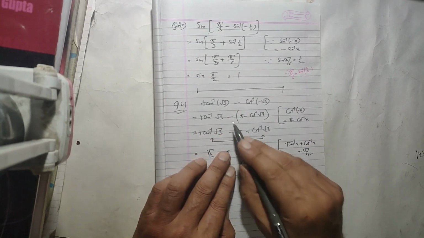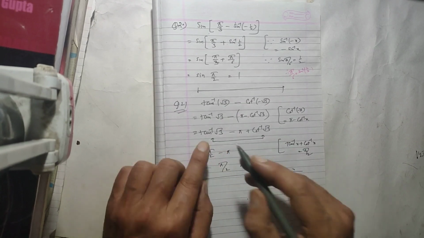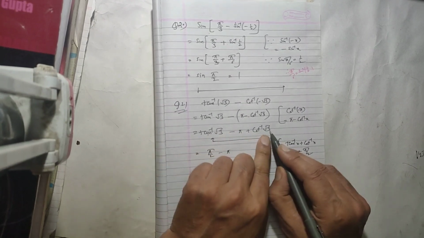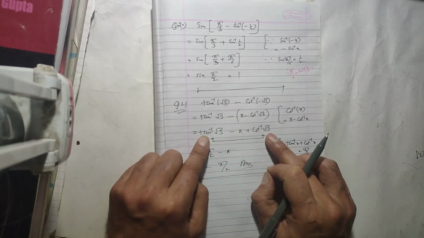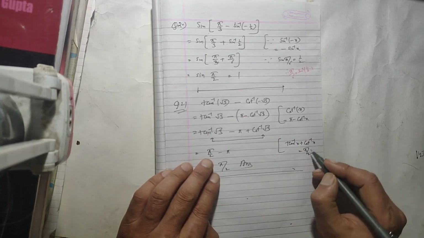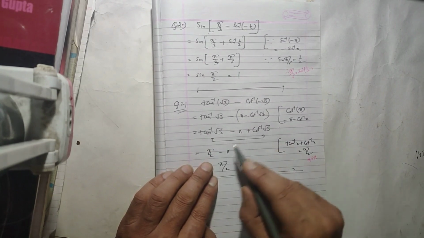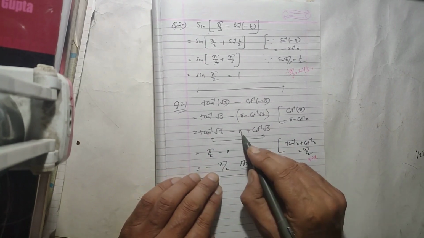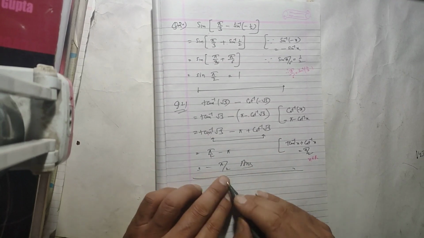Open this bracket, minus pi minus minus plus cotangent inverse root 3. Now tangent inverse root 3 plus cotangent inverse root 3 can be simplified by using the property tangent inverse x plus cotangent inverse x is equal to pi by 2 for all x belonging to the real numbers. So this first term plus last term becomes pi by 2 and the middle term is minus pi. So pi by 2 minus pi is equal to minus pi by 2.